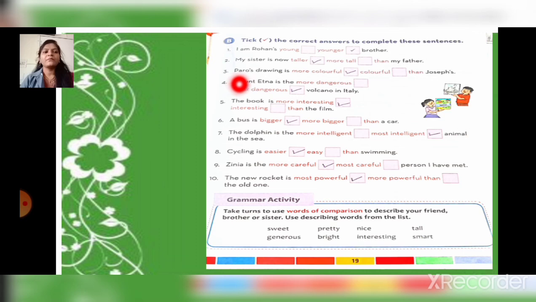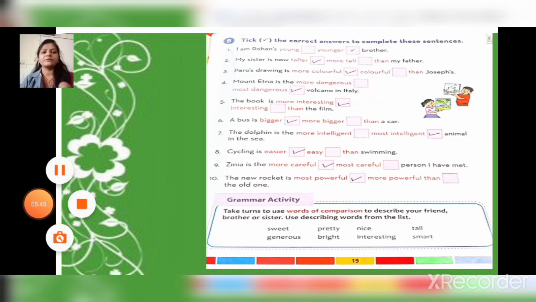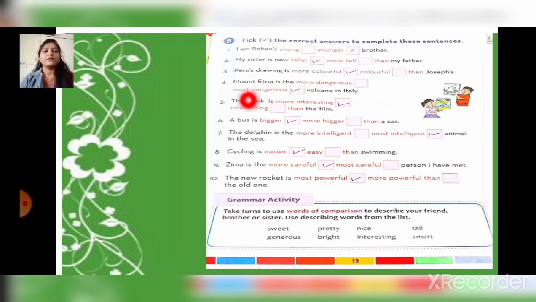3. Paro's drawing is more colorful than Joseph's. So here comparison between Paro and Joseph. So more colorful is used. 4th, Mount Etna is the most dangerous volcano in Italy. The book is more interesting than the film.